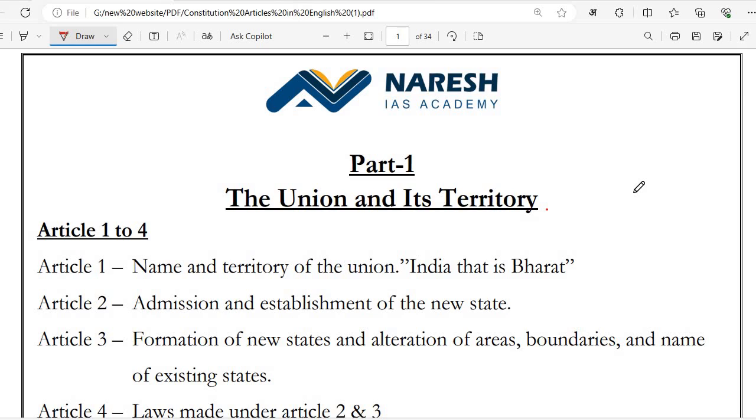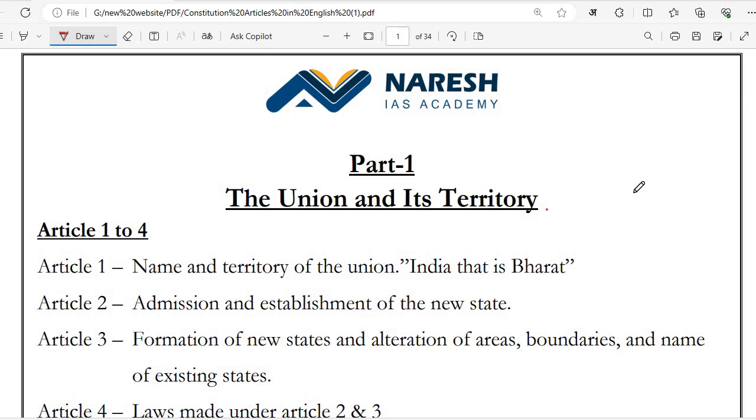Presently India has 28 states and 8 union territories, and this is the sequence order of the states under the article. Article 2 says admission and establishment of new states. The Indian Constitution provides a complete procedure for the inclusion, establishment and creation of new states.